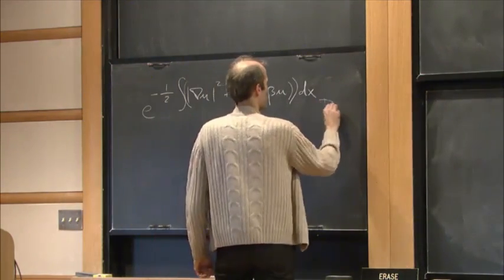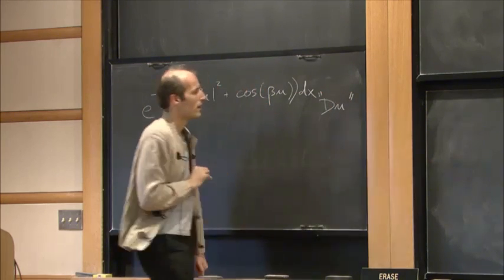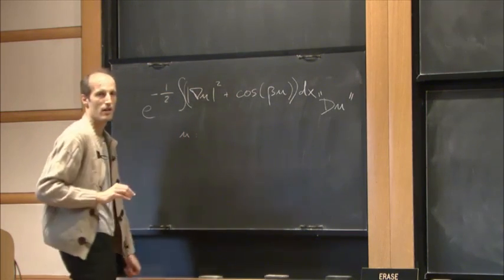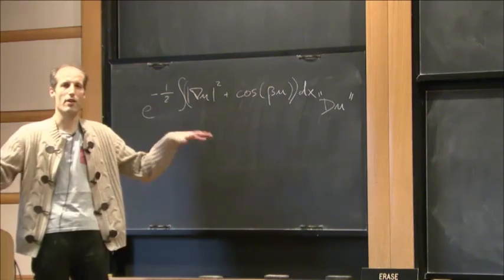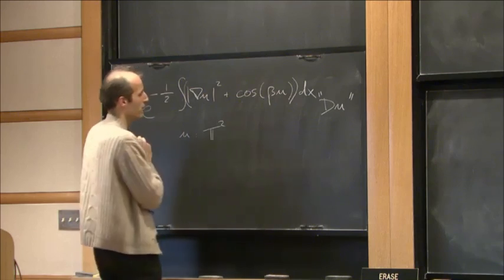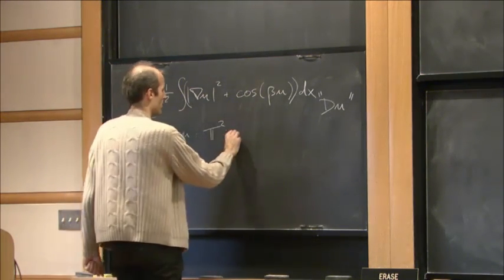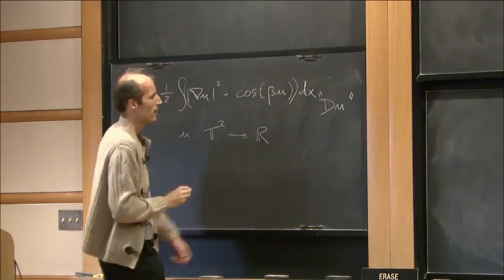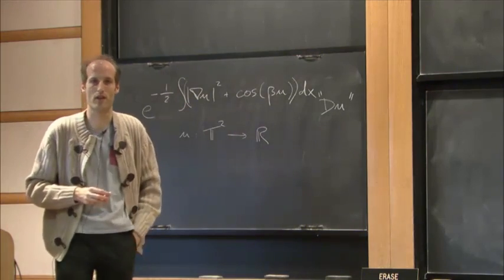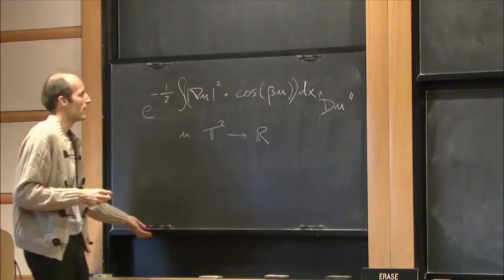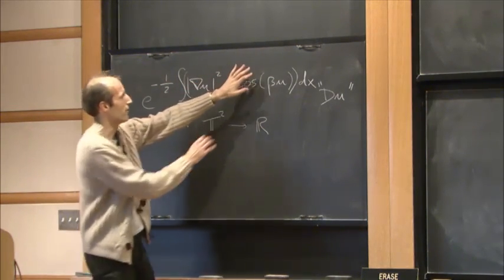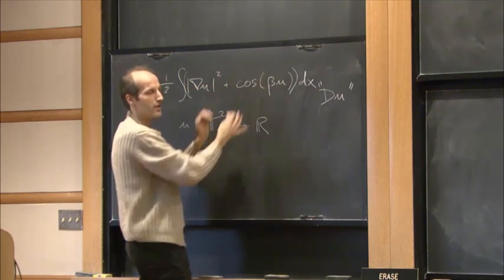So here there's du. That's the Lebesgue measure, which doesn't exist. And u, you should think of it as being a field in 2 dimensions. I'm going to put everything into finite boxes. So u should be thought of as a function from the 2-dimensional torus into R. And this is Lebesgue measure on the space of functions from the 2-dimensional torus into R. And now, of course, the way you would want to interpret this is to say that this thing should be a Gaussian measure, and it's basically the free field.